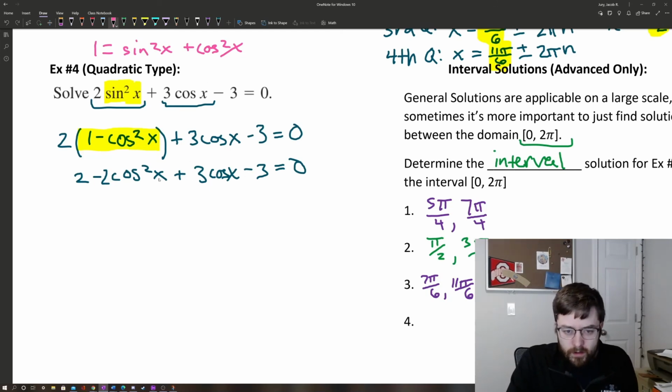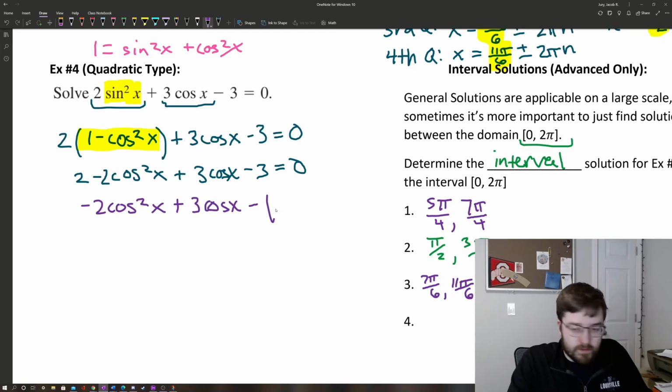So now I'm doing what I've been trained to do. I have to combine like terms and make it look like a quadratic. Once we have it looking like a quadratic, we should be all right. Oh my gosh, this looks annoying to factor. All right, so we'll try it.